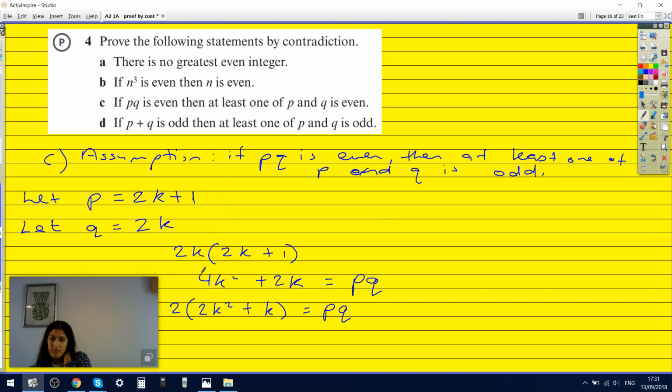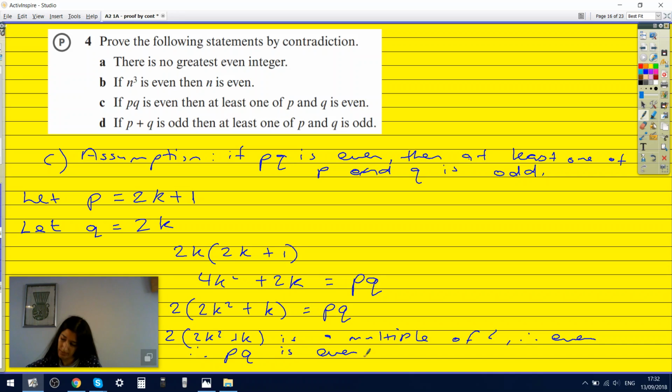Which is a factor of 2, so it must be even. So this is a multiple of 2. Therefore it is even. Therefore PQ is even. Our assumption was if PQ is even, then at least one of P and Q is odd.